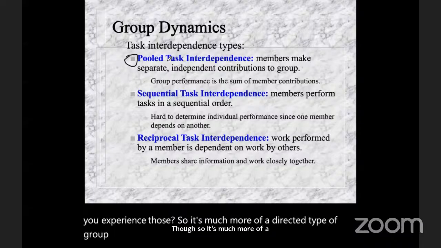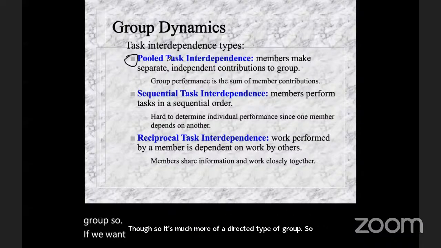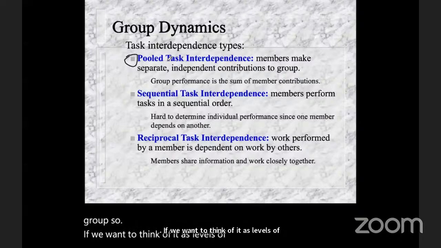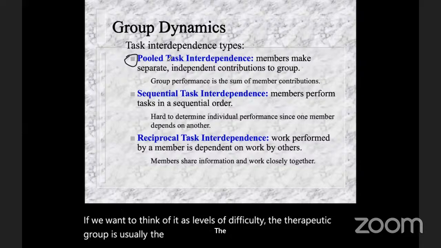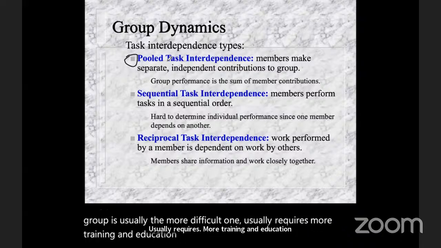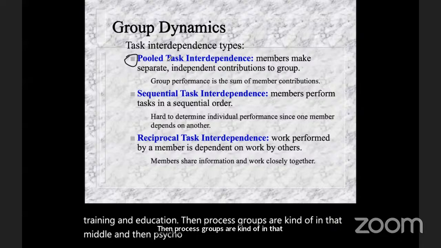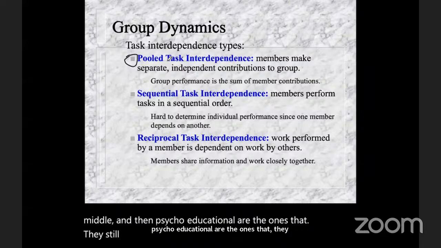So if we want to think of it as levels of difficulty, the therapeutic group is usually the more difficult one, usually requires more training and education. Process groups are kind of in the middle, and then psychoeducational groups still need quite a bit of expertise, but there's usually a set curriculum.